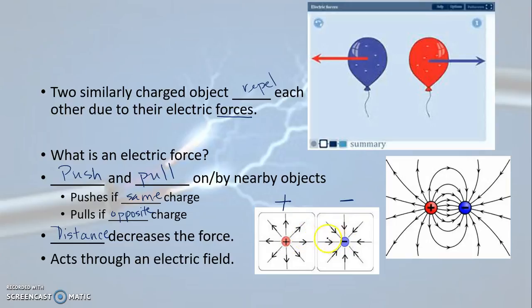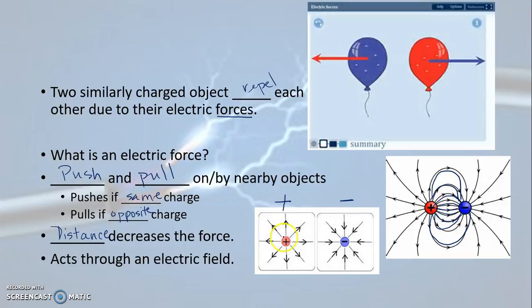So this is if these 2 particles were just standing by themselves. Now if we take these 2 particles and we put them close enough to each other, the positives are going to push into the negative, and it creates this field, this force field. I like that. All right, that goes around the charged particles, and that's how you get that push and that pull here.